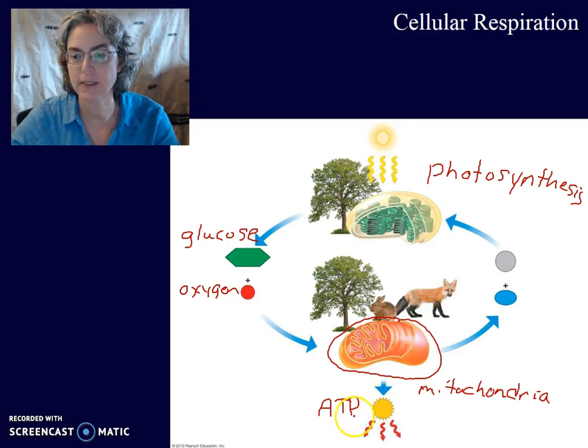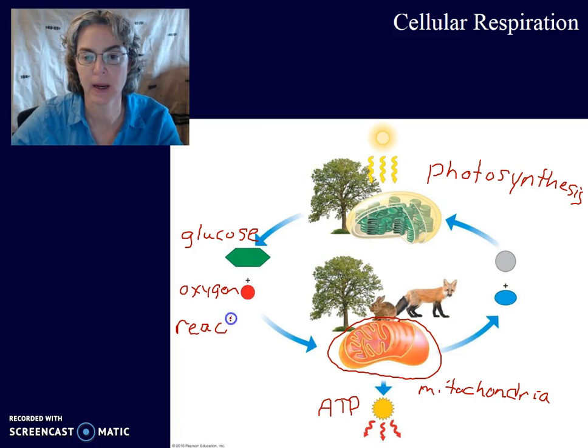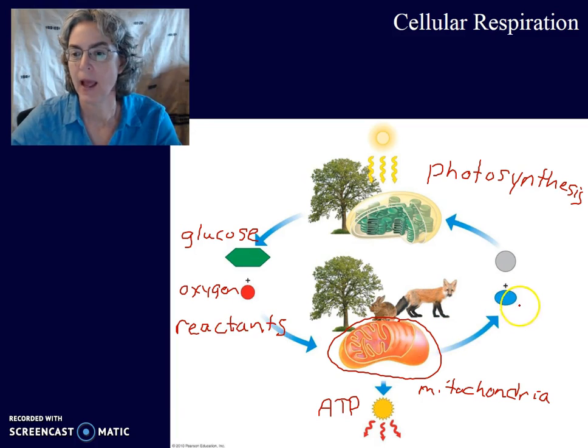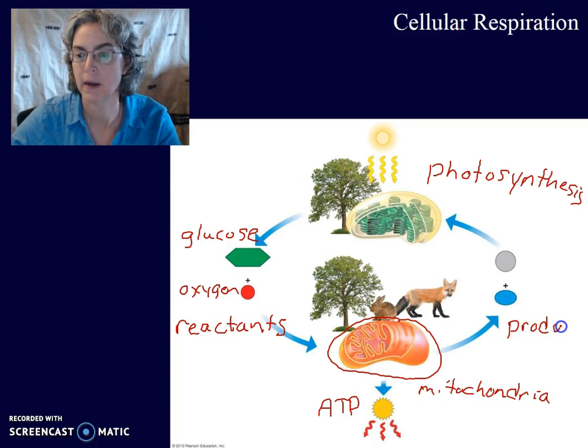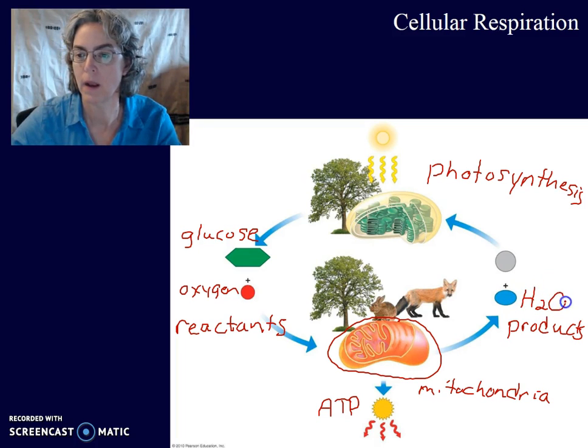And in that process, ATP is given off, but also, so these are the reactants, and then these over here are the products. And the products, we've got water and carbon dioxide.